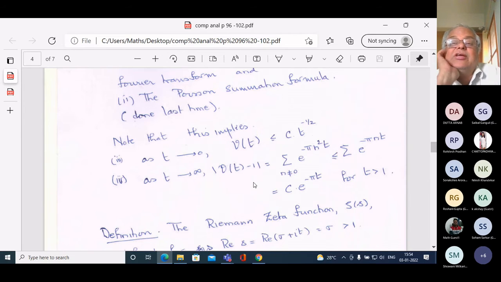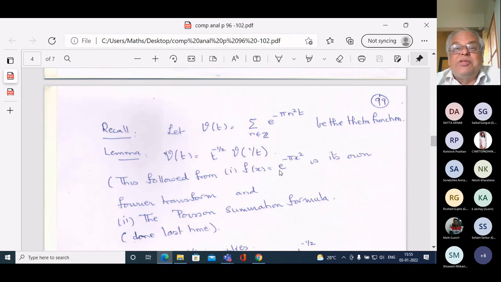When t tends to infinity, remember theta t, the only thing that is not decaying here is the term which involves n equal to 0, because when n equal to 0, there is no t dependence. So I take that over on the other side.